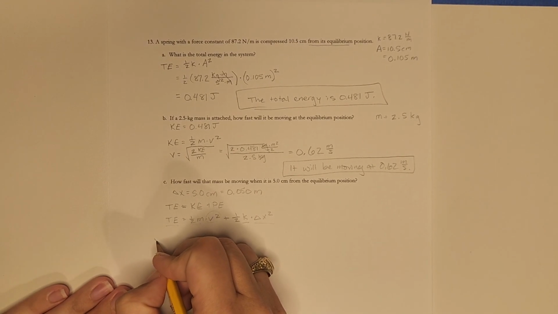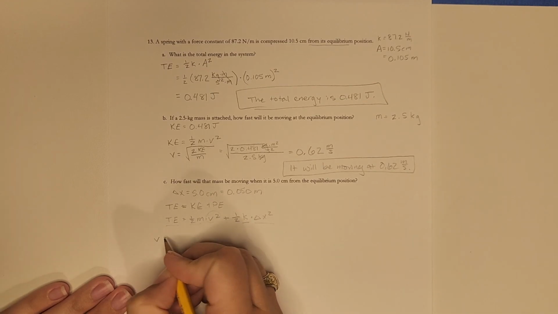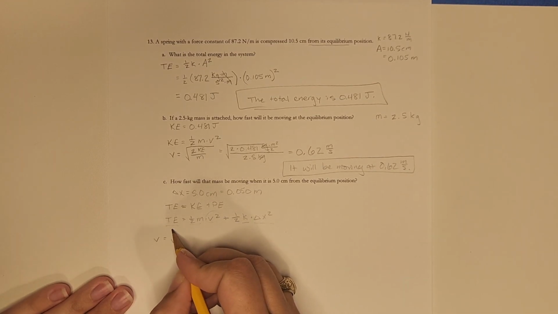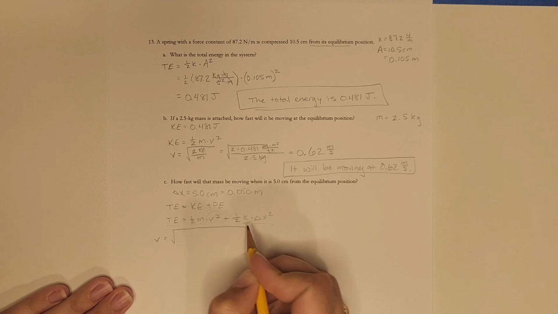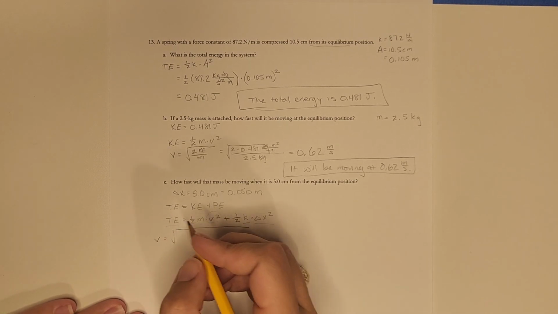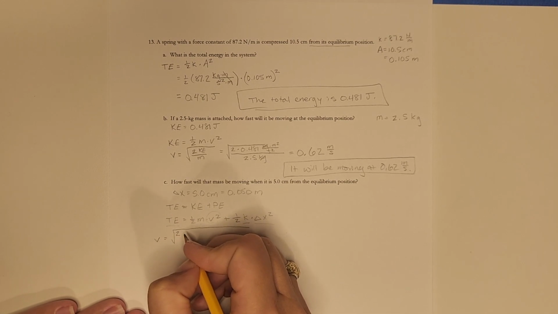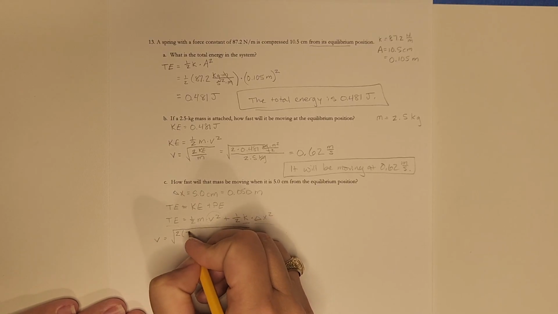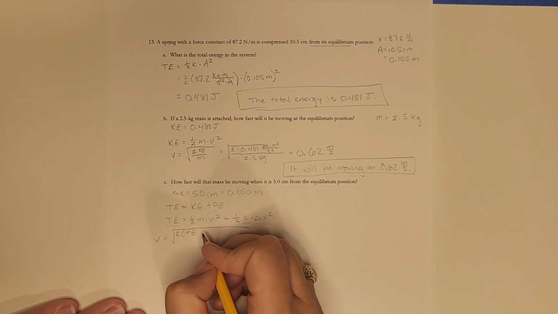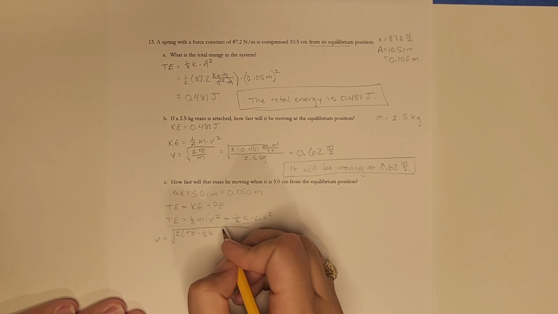So solving for velocity, I'm doing all the behind-the-scenes work here, but it's going to be the square root of 2 times this total energy minus 1/2 of the spring constant times the delta x squared.